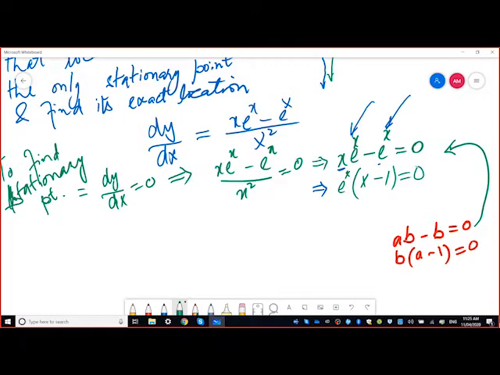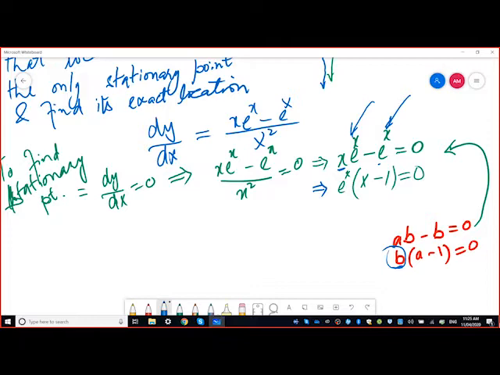If we see here, can we get rid of this e raised to the power of x now somehow? It's simple algebra. If I have b times a minus 1, and I have to get rid of b on the left-hand side, what do you do?